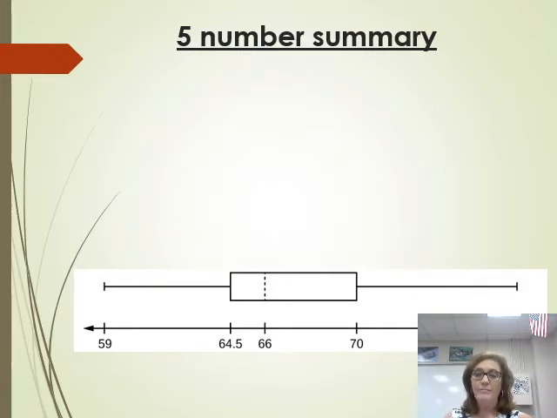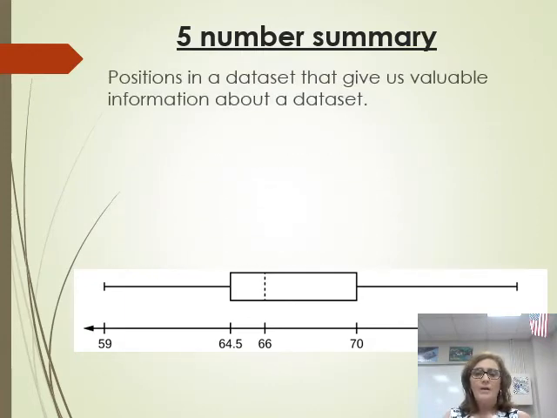So a 5-number summary is for a data set. So this is 5 numbers that are going to give you a glimpse as to what's going on with the data so that you don't have to look at all 500 pieces of data or 100 pieces of data. You can just look at these 5 numbers and they're going to give you a good picture as to what's going on. Okay, so they are positions in a data set that give us valuable information about a data set.